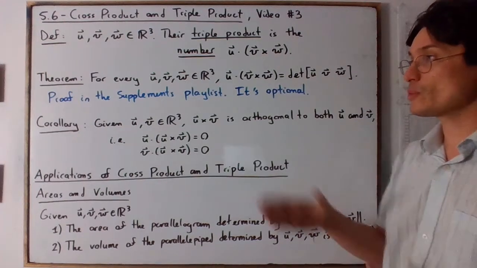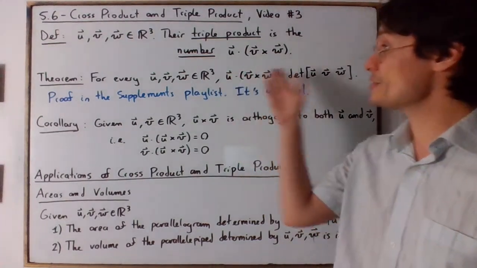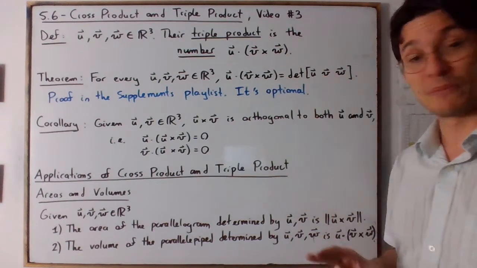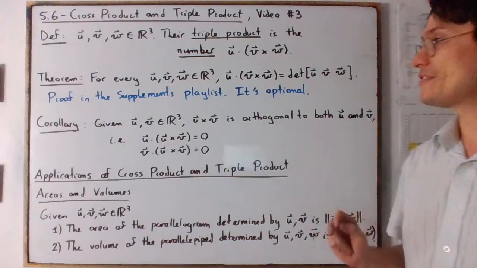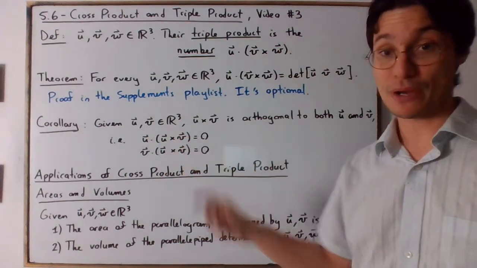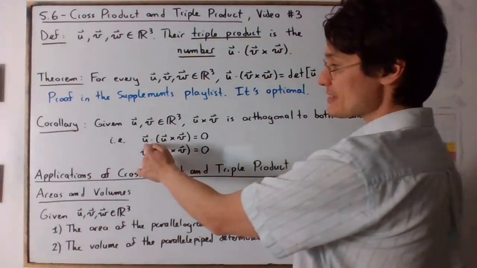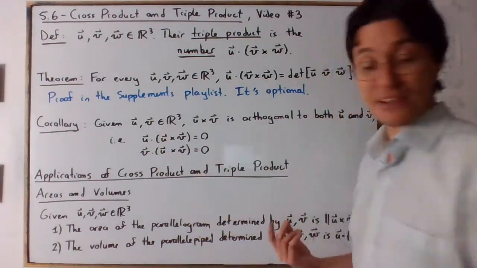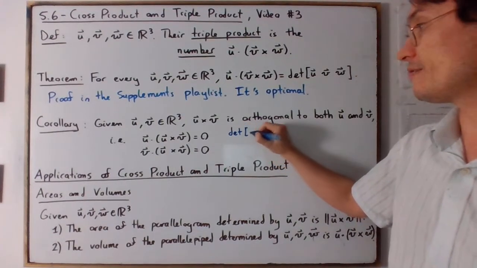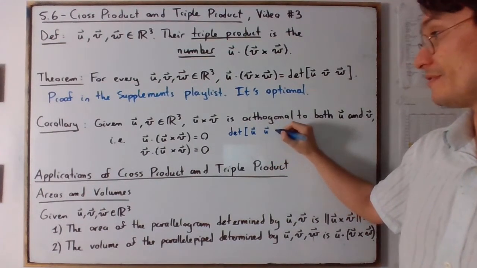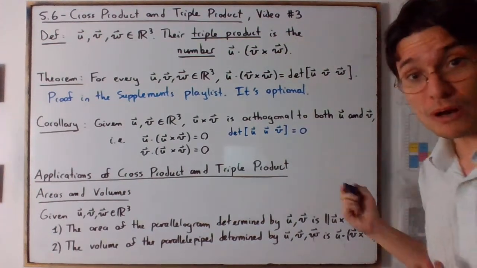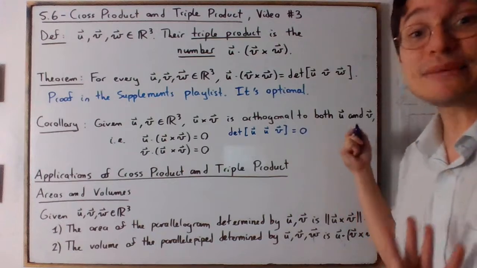Now let's go ahead with the corollary. So now that we know that the triple product is the determinant of u, v, w, it makes it clear that the cross product is orthogonal to both u and v. Because what happens if you put these three vectors in a determinant? Well, you get the determinant of u, v, u. But you know that this determinant is 0 because the columns are linearly dependent.